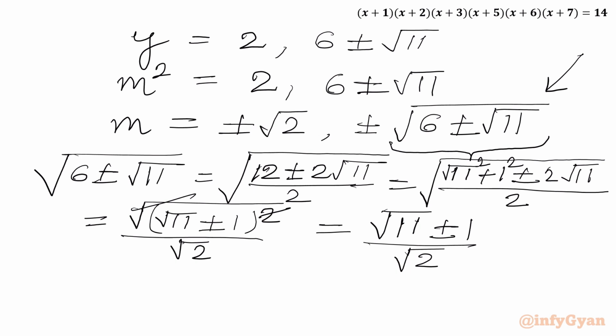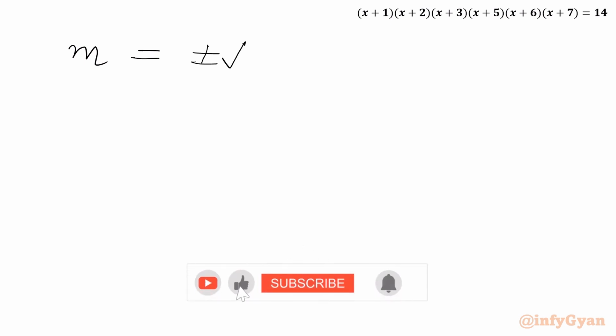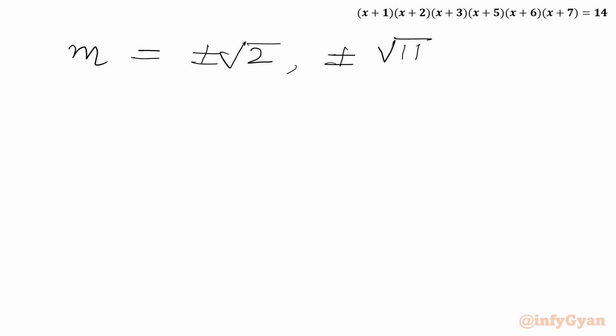So I can write m equal to plus minus root 2, plus minus square root 11 plus minus 1 over square root 2. Now m was also our substitution x plus 4.